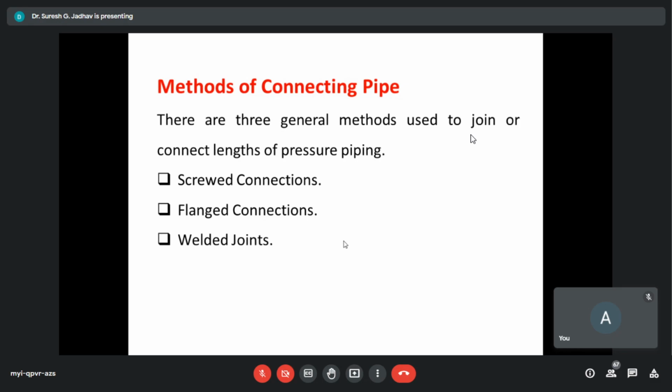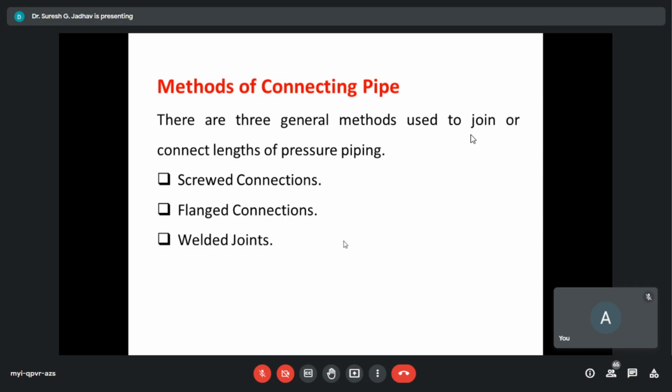However, the threaded connections are subject to leakage, and strength of the pipe is reduced when threads are cut in the pipe wall. These are the disadvantages. An advantage is we can use this method to connect pipe sizes less than 101.6 millimeter or 4 inch for low and moderate pressure.